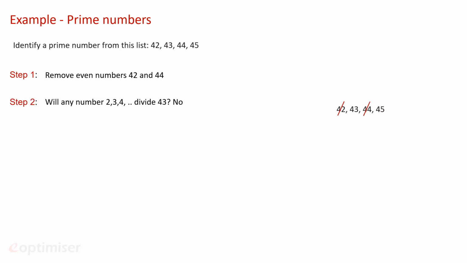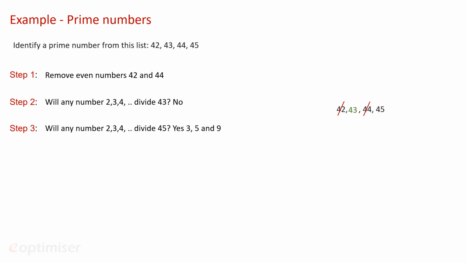Then we try to find out about 43. Can 2, 3, 4, or anything less than 43 divide 43? No, only 1 and 43 can divide 43. No other number can divide 43. Can any number divide 45 other than 1 and 45?